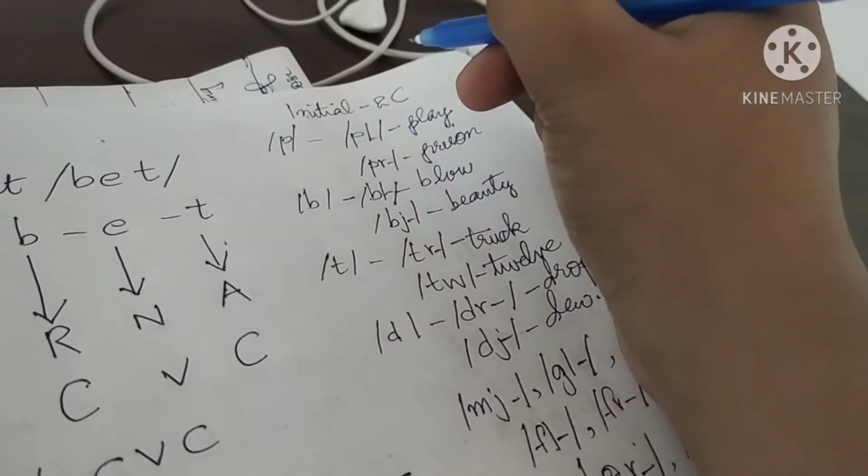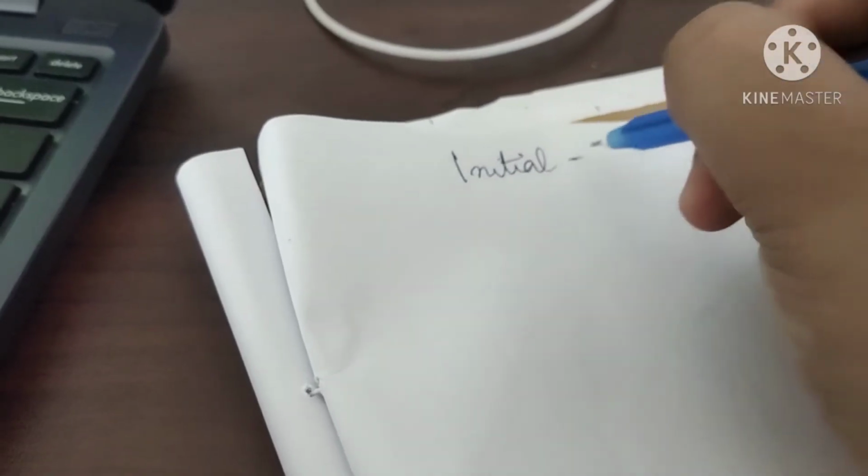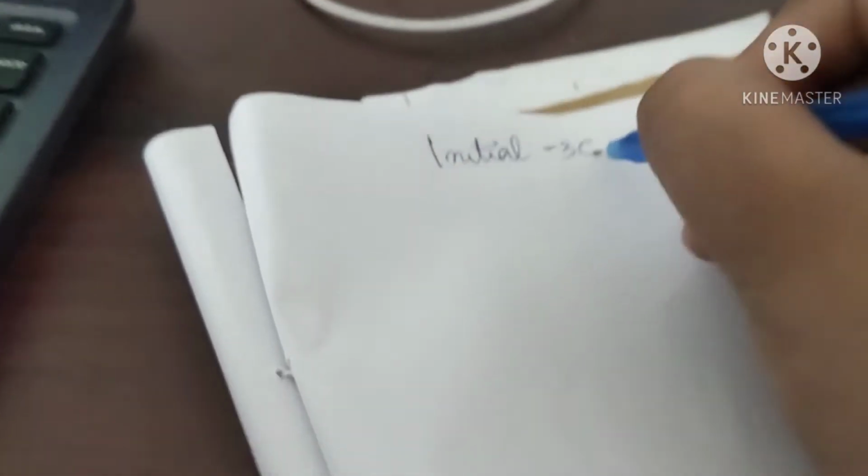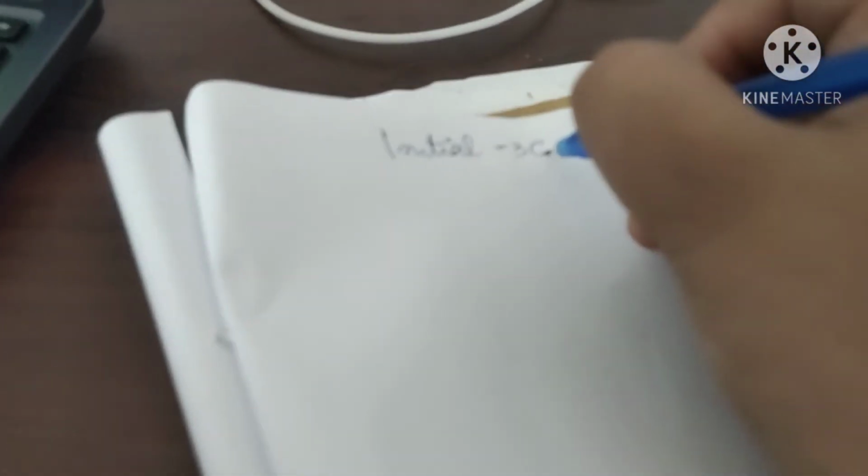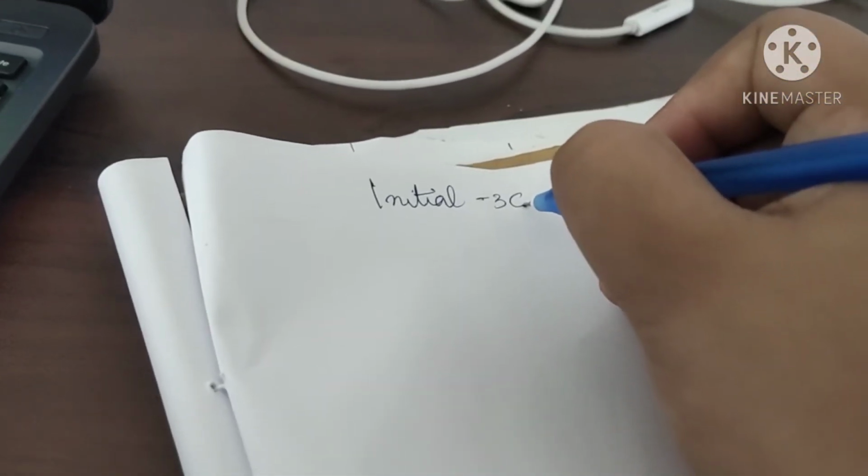two consonants. As initial three consonants, we know that a maximum of three consonants are possible in the beginning, right?